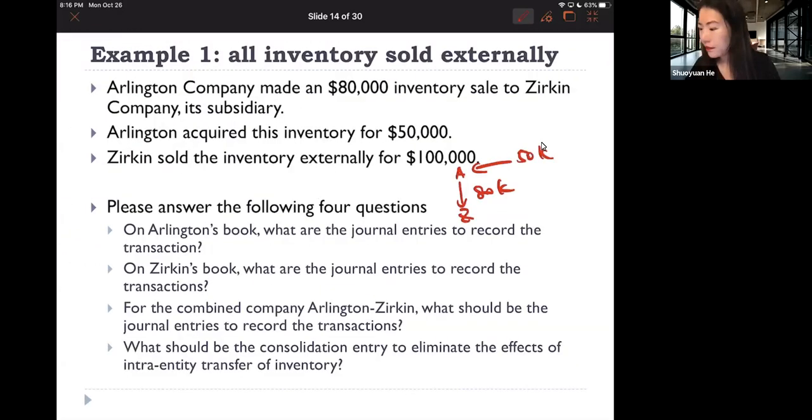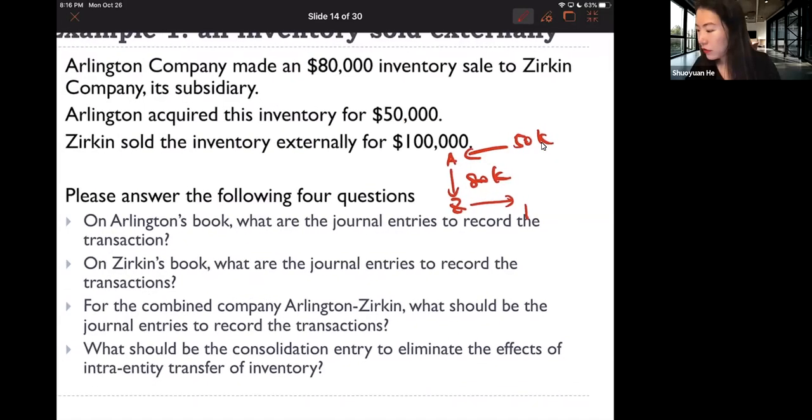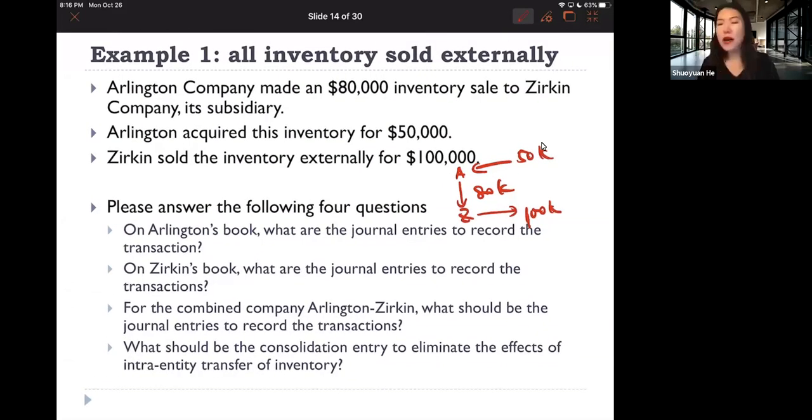Zirkin sold all of the inventory to an outside party for 100,000. So this is the setting of this example, and it is an example of all inventory sold externally. All of this 80,000 is sold to the external party by the end of the year.